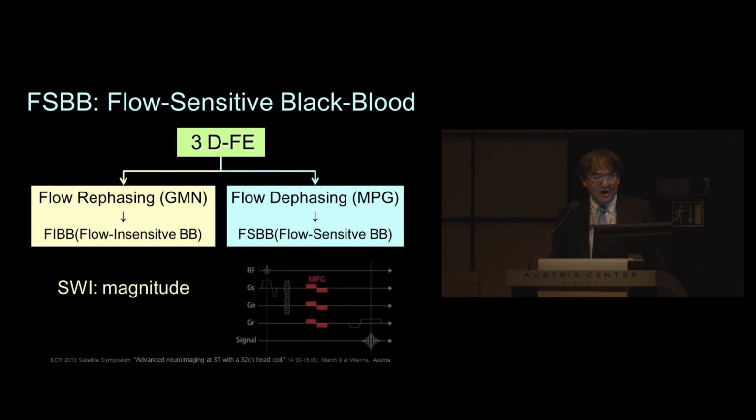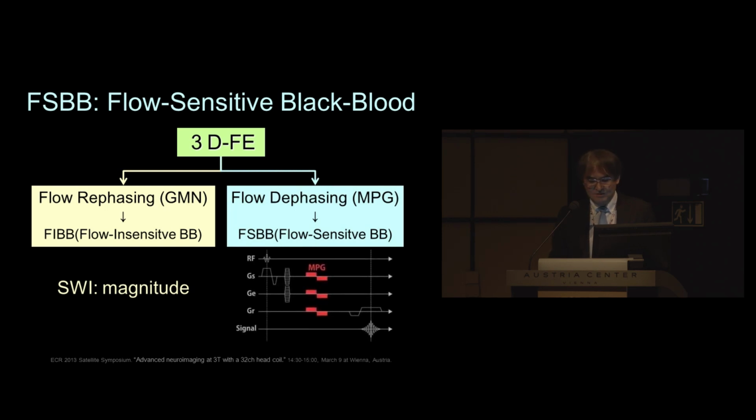But when you apply flow dephasing by using motion probing gradient, then that will become FSBB, flow-sensitive black blood imaging. In that case, after the RF excitation, then very weak motion probing gradient is applied. Usually, at 3T, the B value is less than 1.